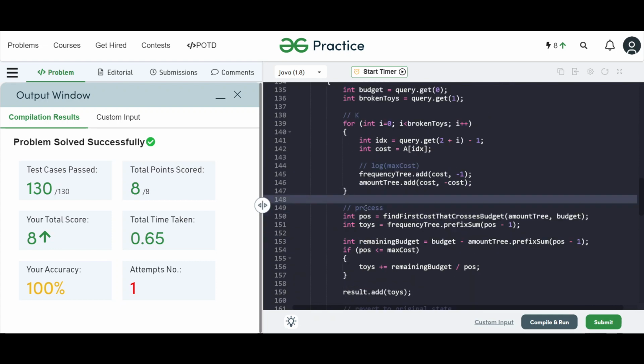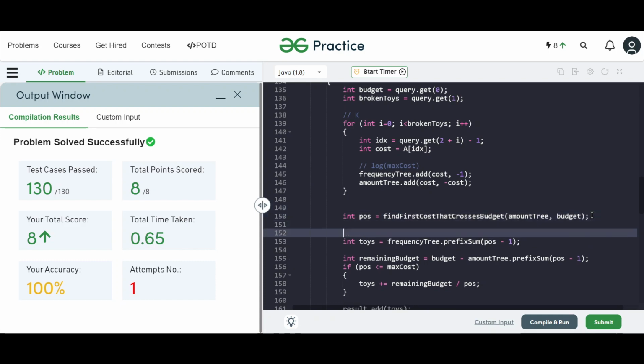Then we go out of K and we're trying to find this first cost that crosses the budget. How much time will that take? Let's come to it from the function itself.